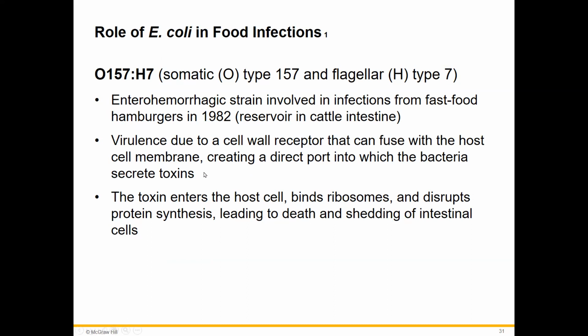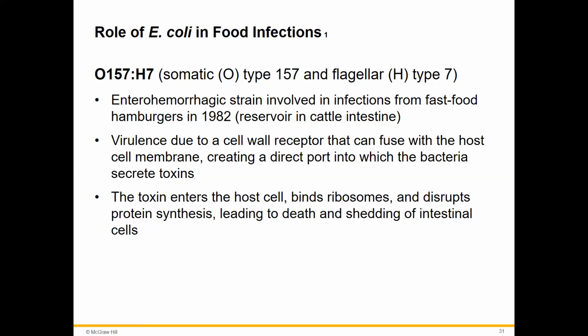It is also known for its ability to fuse due to its cell wall receptor with the host cell membrane, creating a port directly to where the bacteria can secrete toxins directly into our cells. Not super great. The toxin then enters the host cell, binds to our ribosomes, and stops or disrupts protein synthesis, leading to programmed cell death and shedding of your intestinal mucosa.